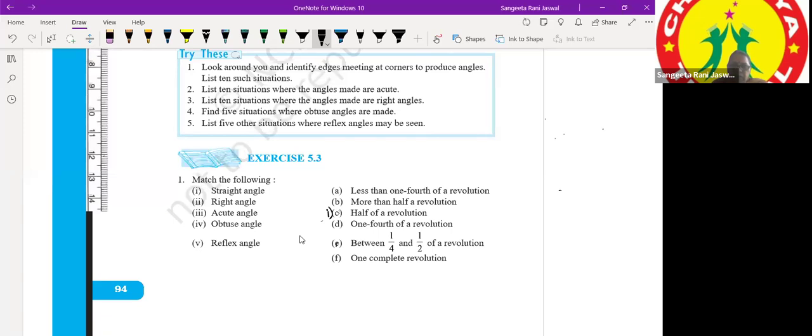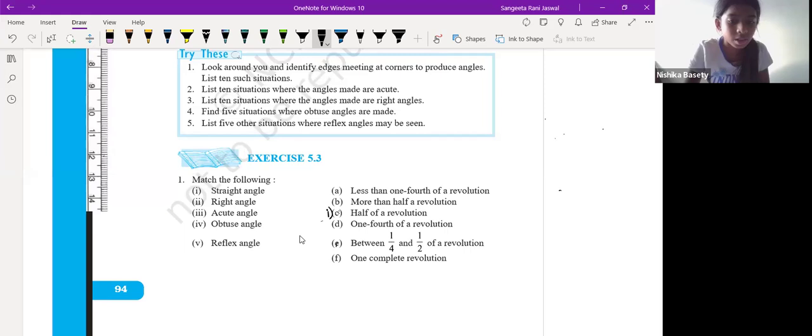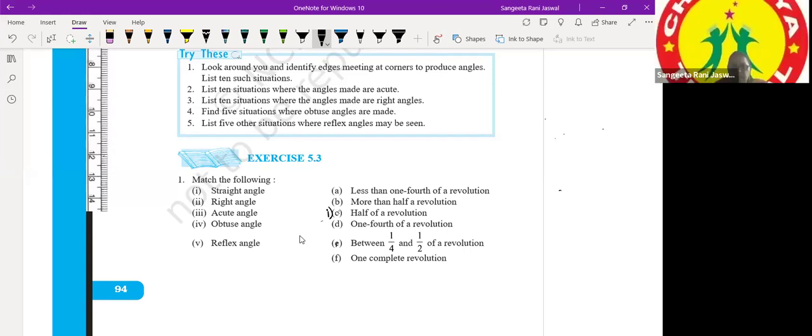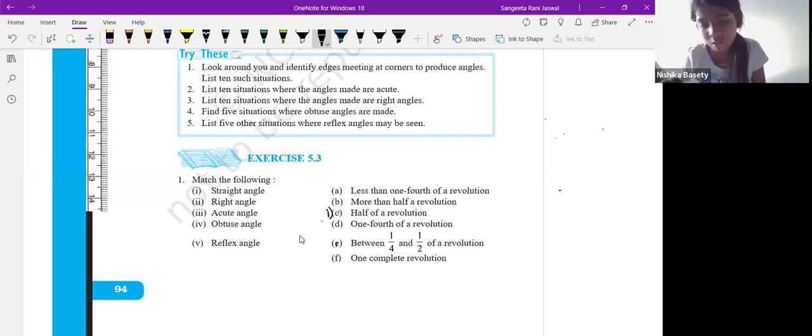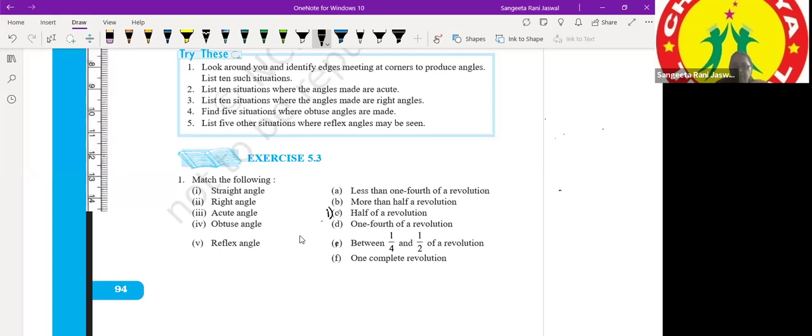Next, Nishika, right angle. Ma'am, one quarter of a revolution. That's absolutely right. Okay, good.